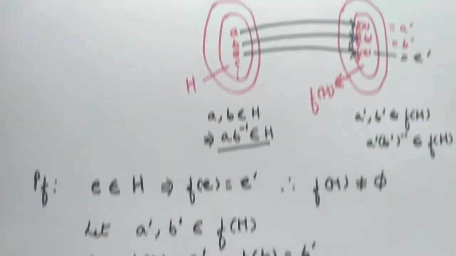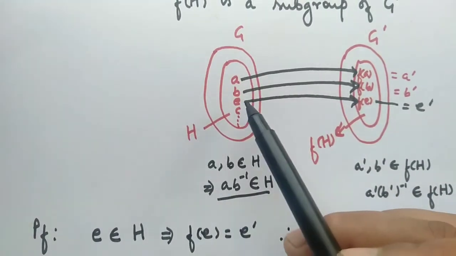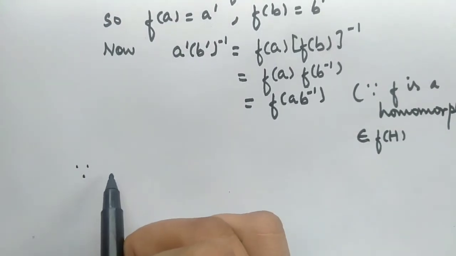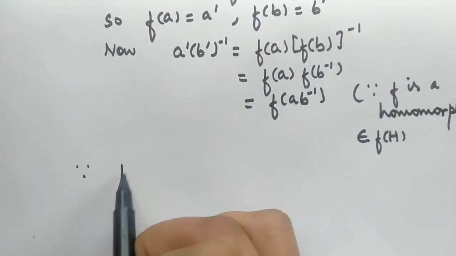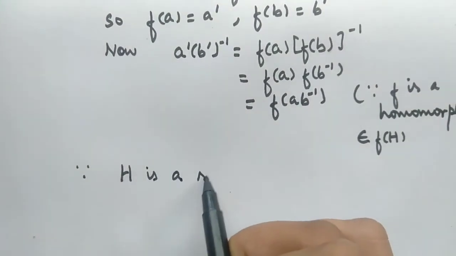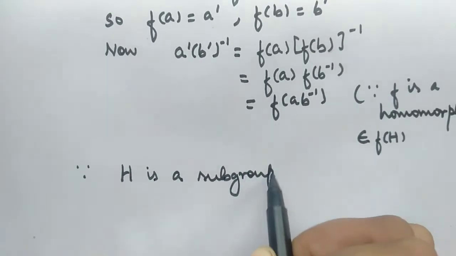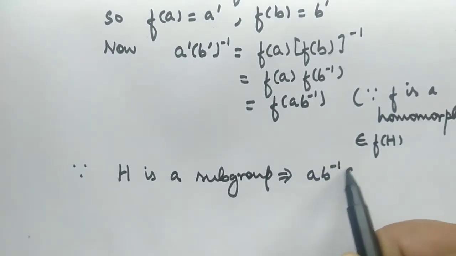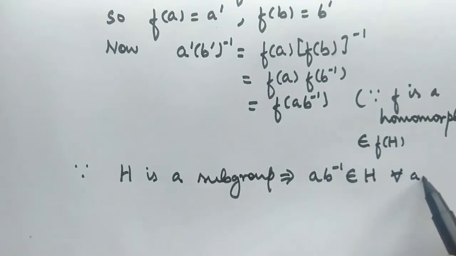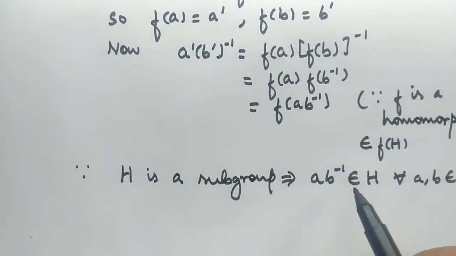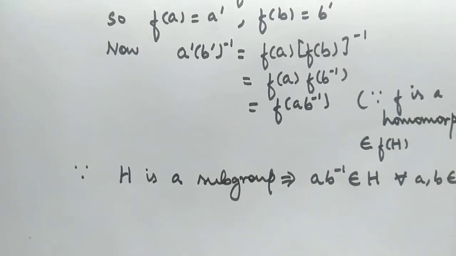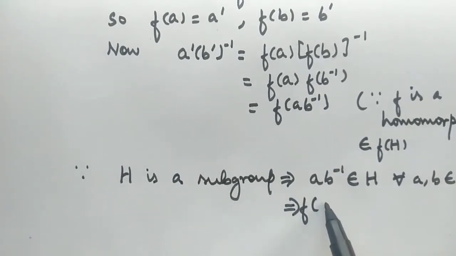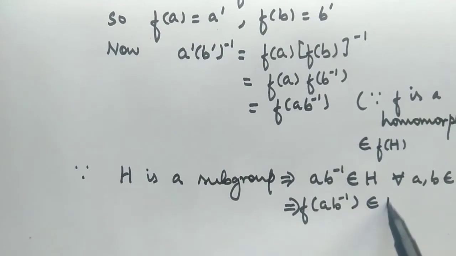From the beginning, we know that H is a subgroup of G. Since H is a subgroup, it implies that a b inverse belongs to H for all a, b belongs to H. This is the condition to show that any subset is a subgroup of a group G. Okay, so if this is the case, it implies that f(a b inverse) belongs to f(H).